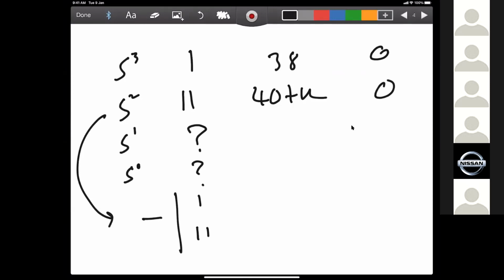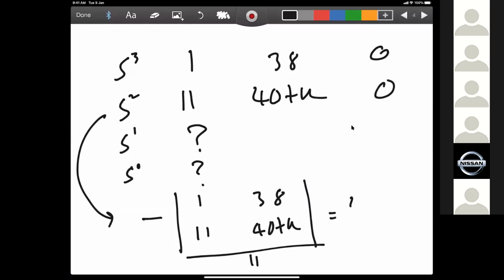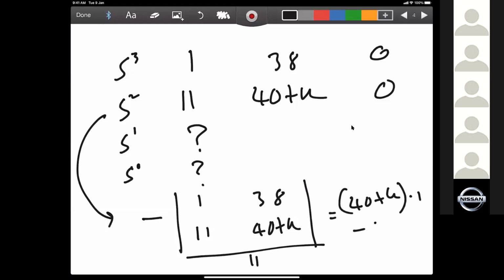Or you can calculate manually using the Routh array. 38, 40 plus K, divided by 11. Hello, is everybody sleeping? 40 plus K minus 38 minus 11, divided by 11. How much?